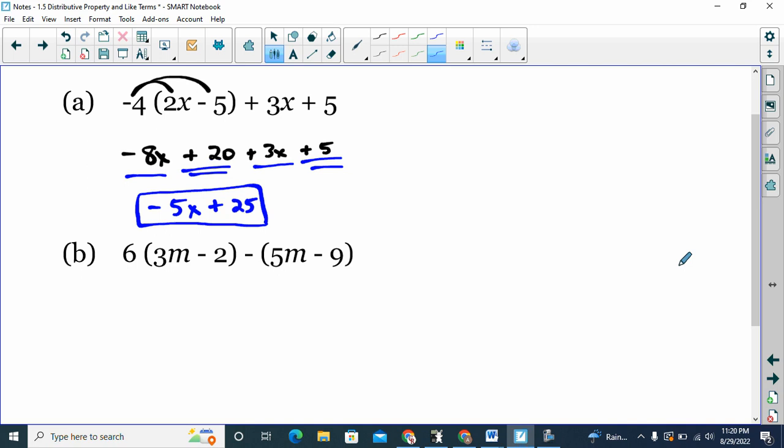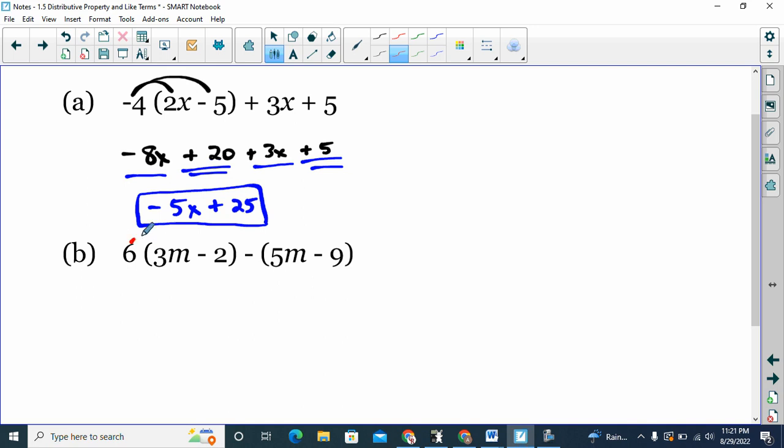Part B, 6 times the quantity 3m minus 2 minus the quantity 5m minus 9. We have a couple parentheses here, so we're going to distribute twice.